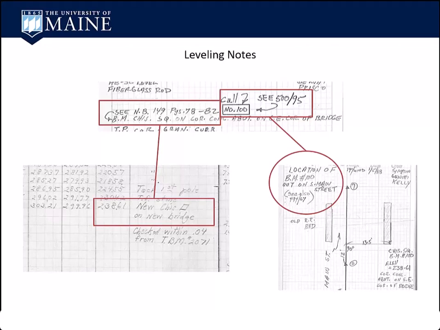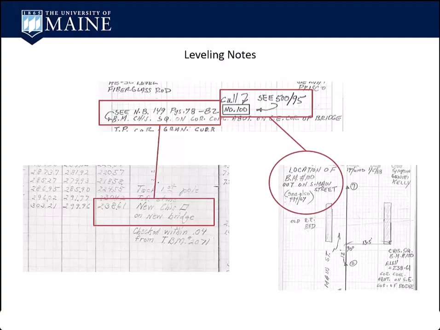So there's a book that was compiled with all sorts of benchmarks, and during the Depression, the WPA had people just working to keep them working, and so they established a lot of elevations at that time in the 30s, and they published these books, and the benchmarks are control based on NGS standards, first order, second order, third order.